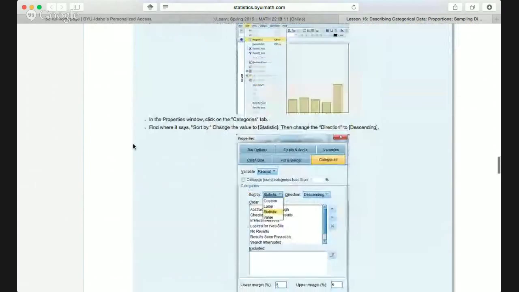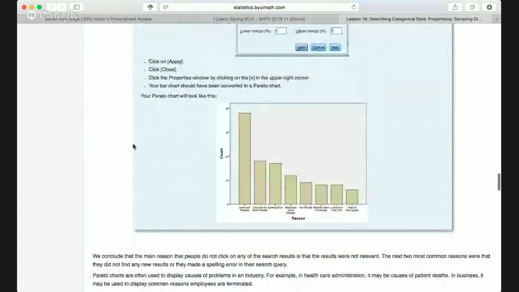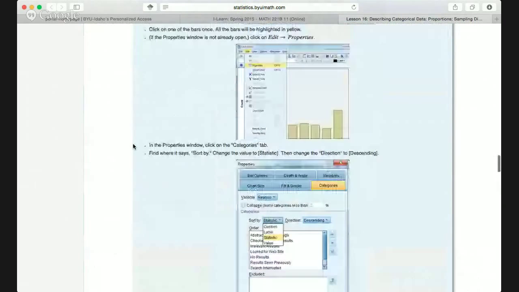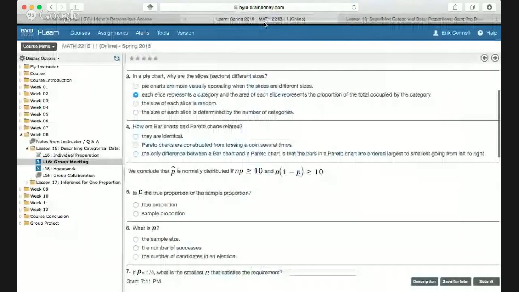So I think a bar chart is a bar chart where the bars are presented in descending order? That's Pareto. Yeah. So the only difference between a bar chart and a Pareto chart is the bars in the Pareto chart are ordered largest to smallest.